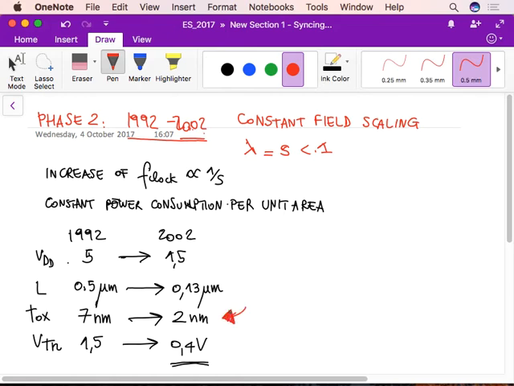You see the oxide thickness was from 7 nanometers to 2 nanometers. It's very thin. You start to have gate leakage. So you cannot discard anymore the current that crosses the insulator and goes to the gate. So this was one problem.